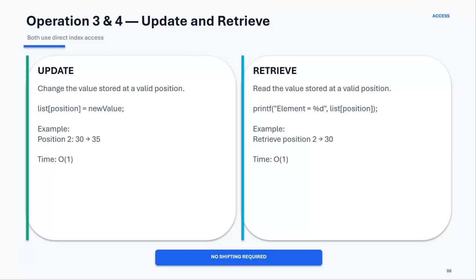It's simple. I just put the new value into that particular position. Now retrieve. Suppose I ask what is the element at position 2? I can directly access list of 2 and get the value. Again, retrieve also takes order of 1. So this is one of the biggest advantages of an array. Direct index access means order of 1.